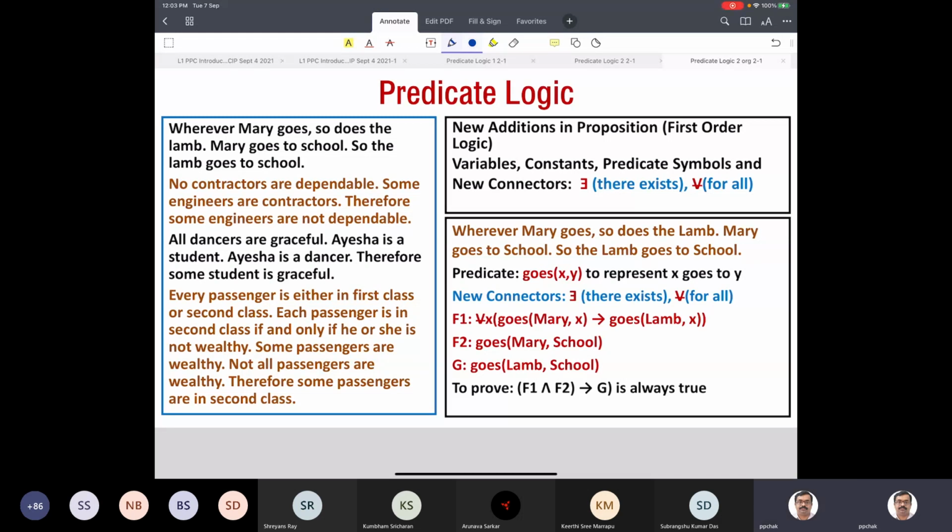What we introduced are variables, constants, predicate symbols, and two new connectors, and we will also introduce function symbols. In this class, we will discuss it.